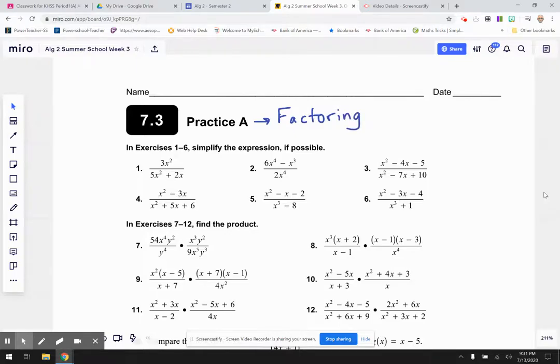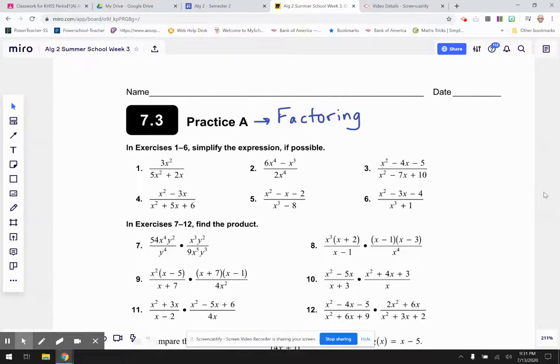So we might need a GCF, we might need difference of squares, we might need a trinomial broken up into 2 binomials, things that you've done in Algebra 1 and also in the first semester of Algebra 2 again, but we might have forgotten, so we'll have to look at it.